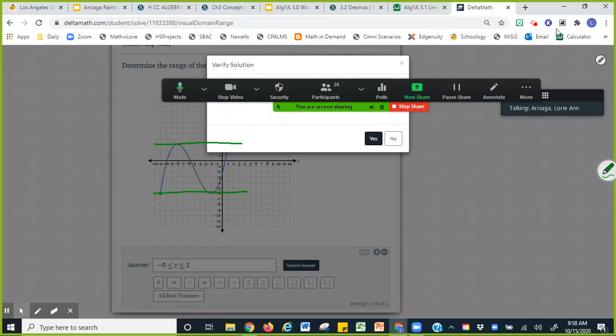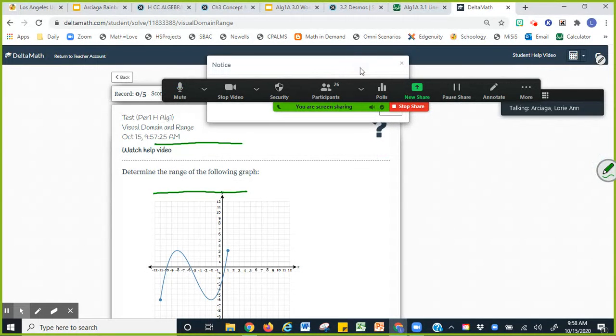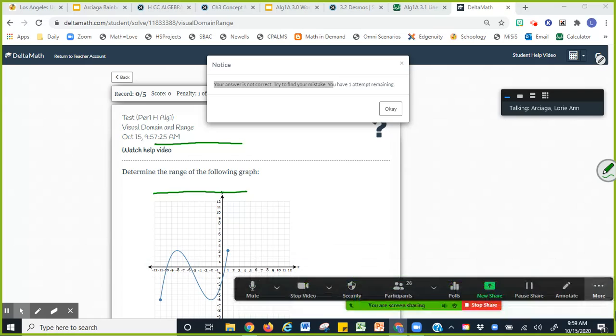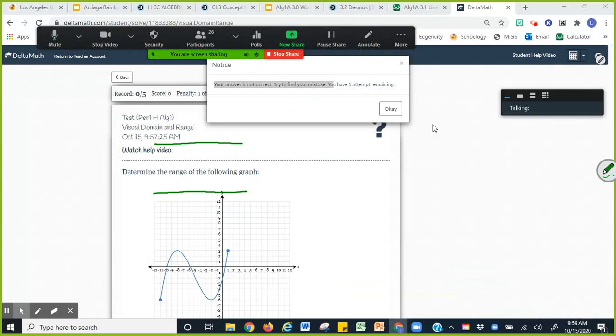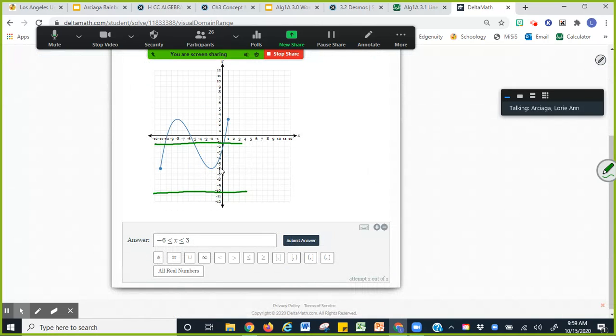So let's submit our answer. Click on yes. And what did I do? I made a mistake? Your answer is not correct. Try to find your mistake. You have 1 attempt remaining. -6 to positive 3. Oh, sorry. My variable is x. It should have been y. My bad.